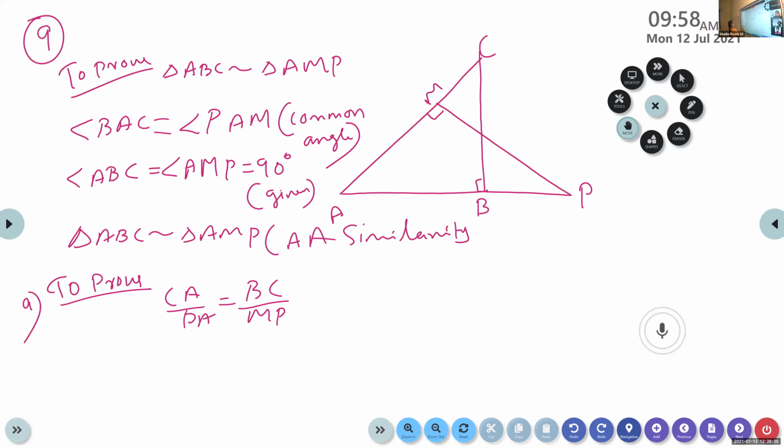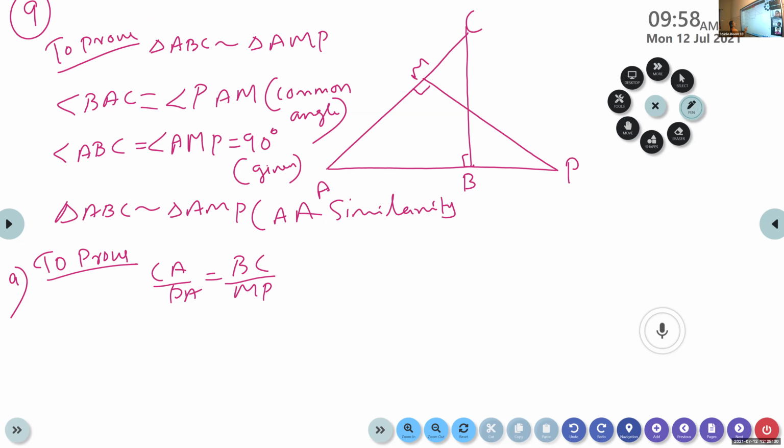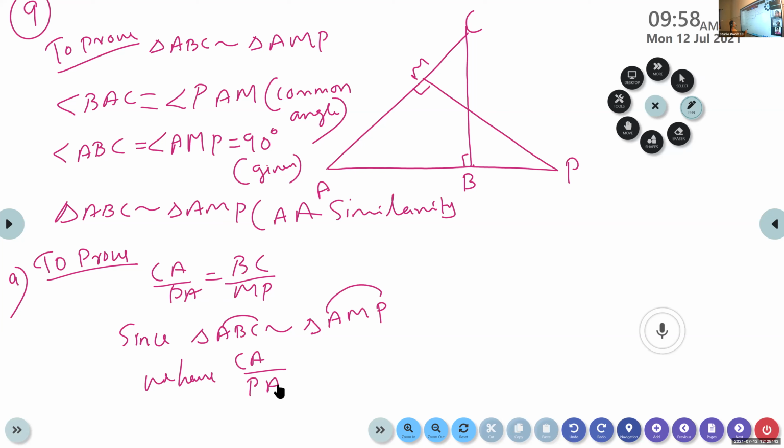Since triangle ABC is similar to triangle AMP, we have CA by PA equal to BC by MP, correspondingly. So simple.